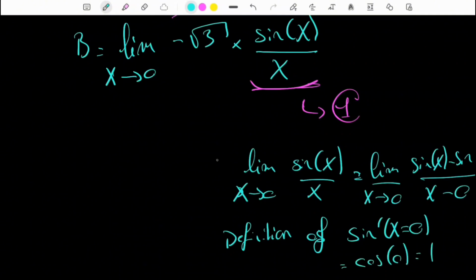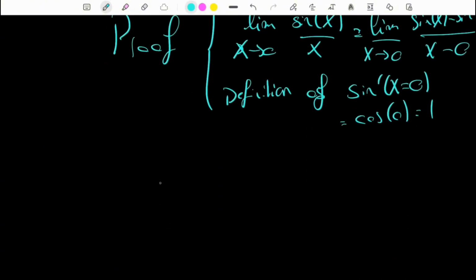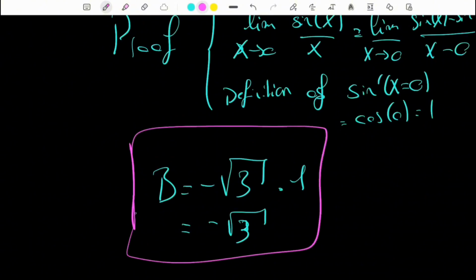So that's the proof. Okay, we don't need it. You need to know this kind of form. So b, to answer our question, is equal to minus square root of 3 times 1, which is equal to minus square root of 3. And we are done with the limit.